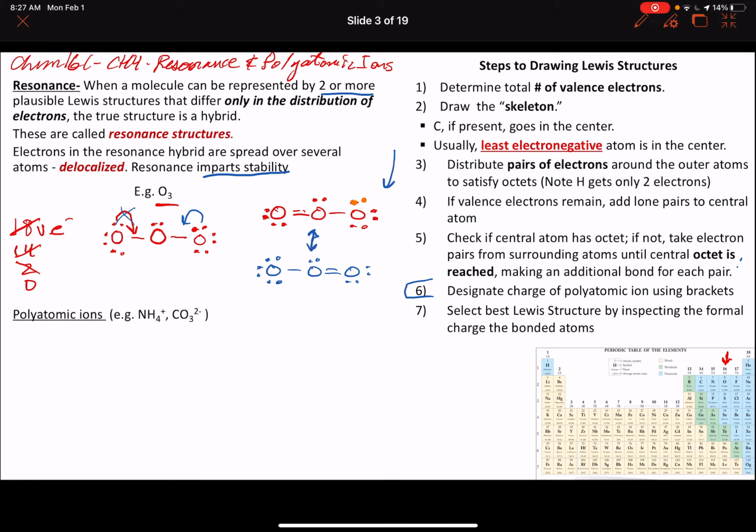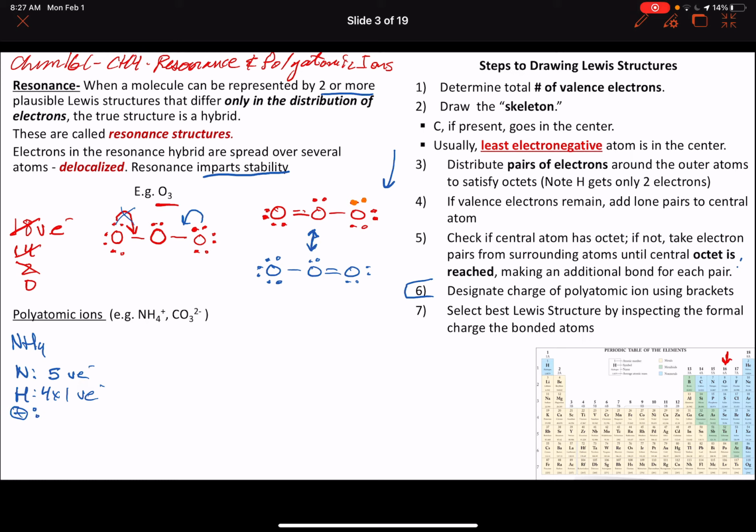Okay, so NH4+, we have nitrogen from the 5th column in the periodic table. So we have 5 valence electrons from that nitrogen. We have hydrogen giving us 4, so we're going to have 4 times 1 valence electrons there. And importantly, we have a positive charge.